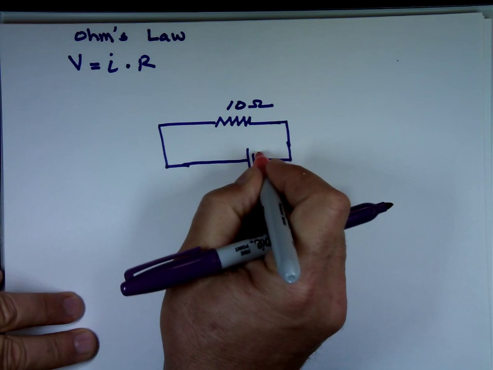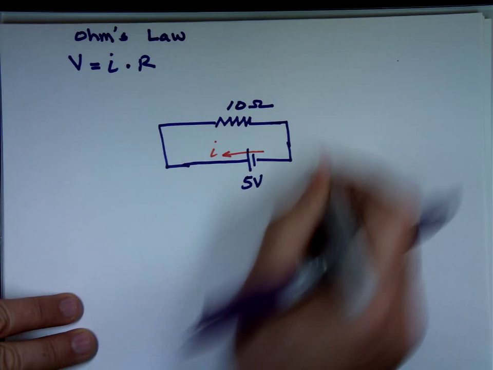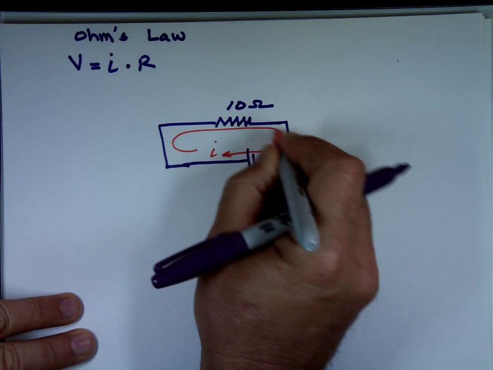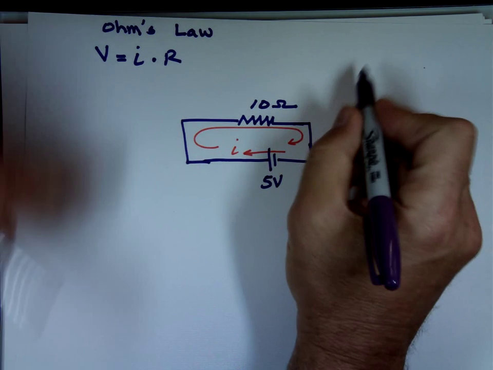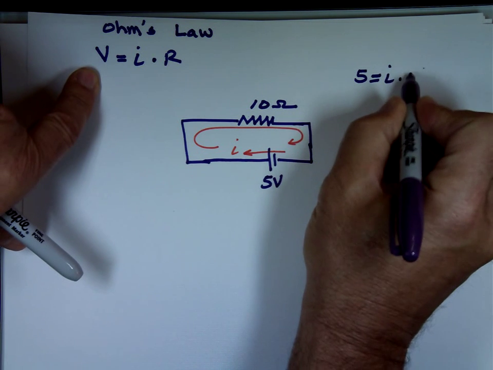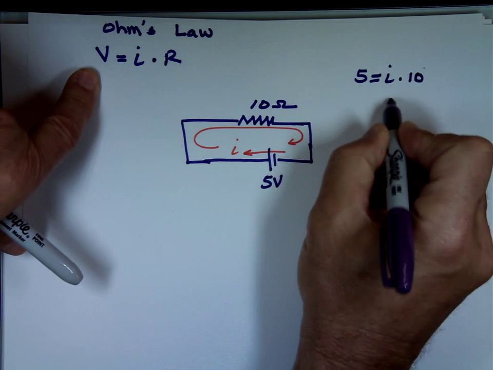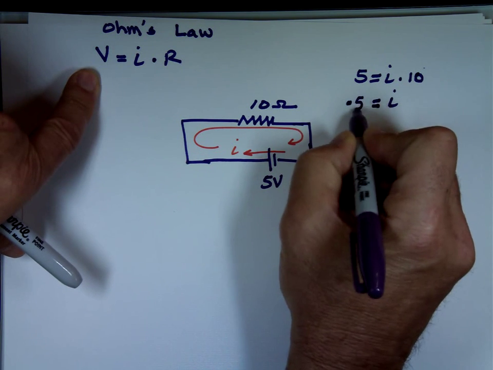Since the source is supplying the power, the current will travel this way. That's what I is. It's going to travel around like this. So the voltage, 5, equals I times R. R is 10. So if you do the math, I equals what? 0.5.